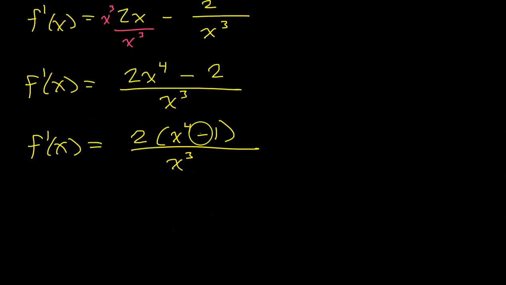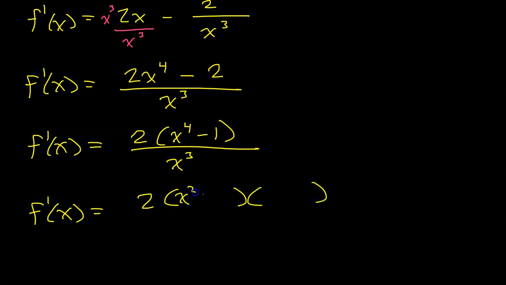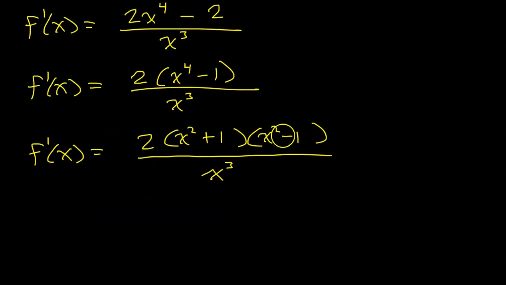X to the fourth power minus 1 is the difference of two squares. So that's going to give me x squared plus 1 times x squared minus 1 all over x to the third power. X squared minus 1 itself is the difference of two squares again.